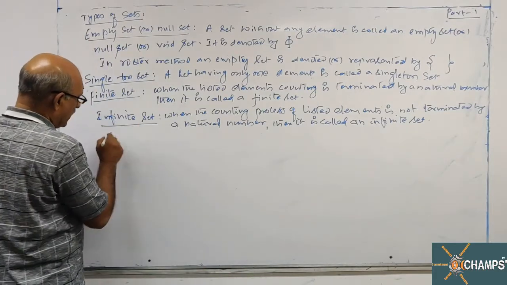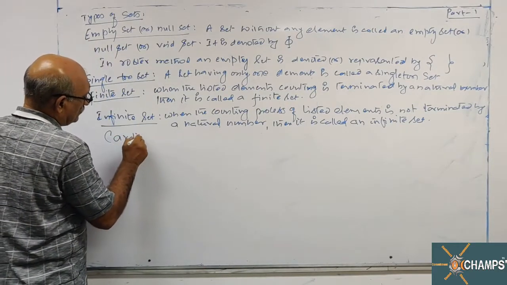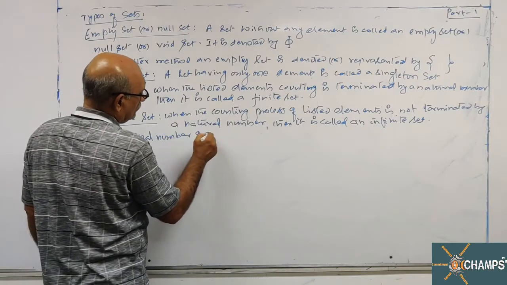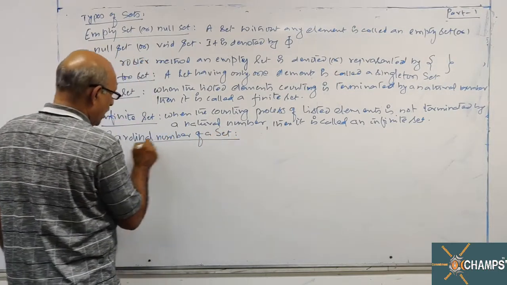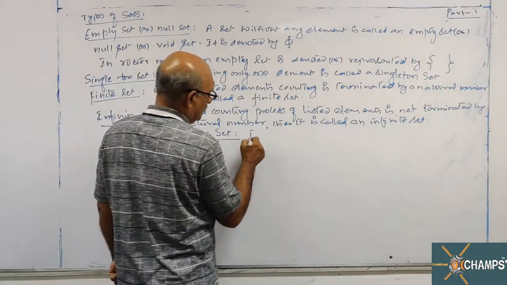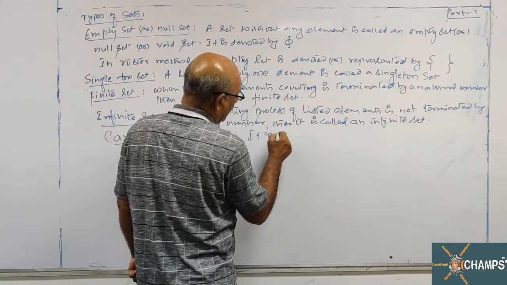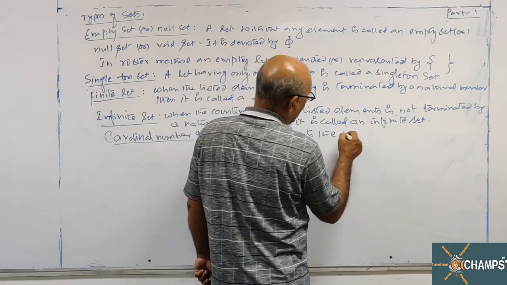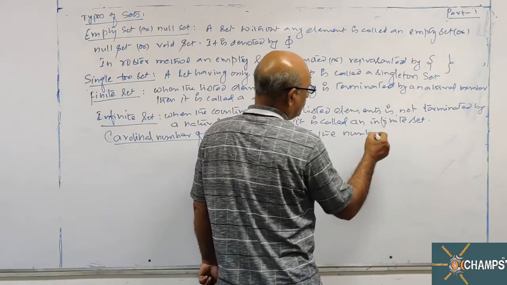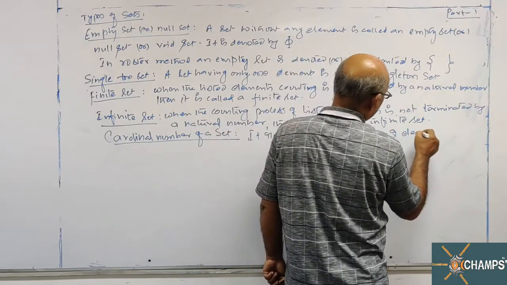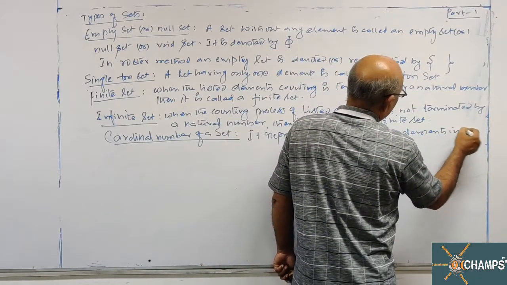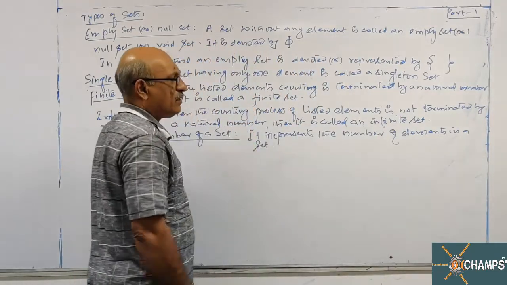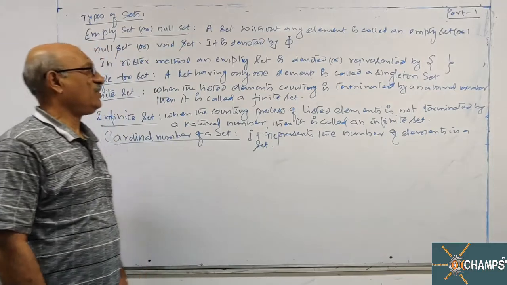Next, cardinal number of a set. It represents the number of elements in a set.